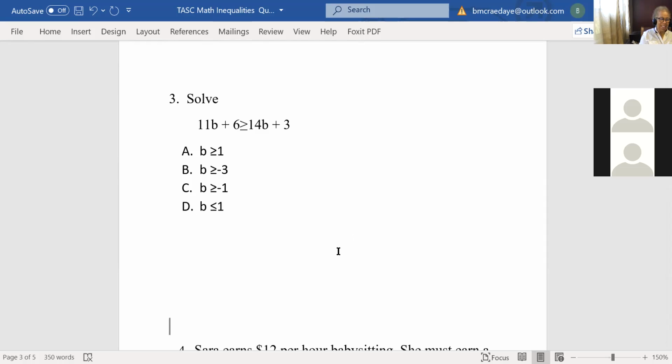I don't know. Add. Add what, Maureen? The two B's together. Yes, you want to get all your B's together and you want to get your constants together. So how would you do that, Maureen? Let me just copy this inequality and you tell me what I should write. I can't figure them out, Miss Barbara.